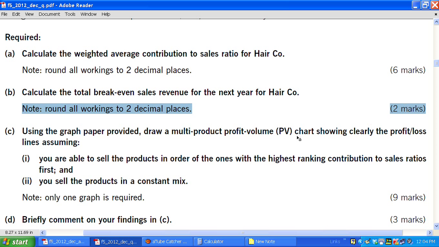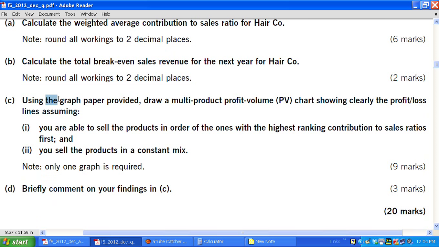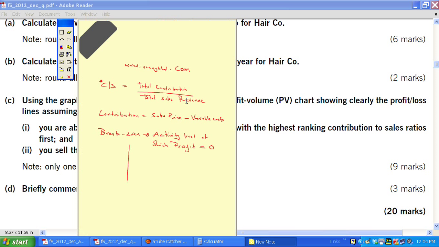Then part C, you need to use graph paper to draw what they call a PV chart, a profit volume chart. So how will that chart look?